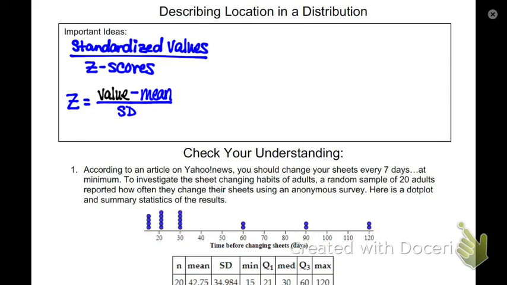And then when I'm asked to describe that, I would say whatever kind of context. Like when we were describing Goldie's chapter 1 test score, then I have to name the z-score, standard deviations, and then I need either above or below the mean.